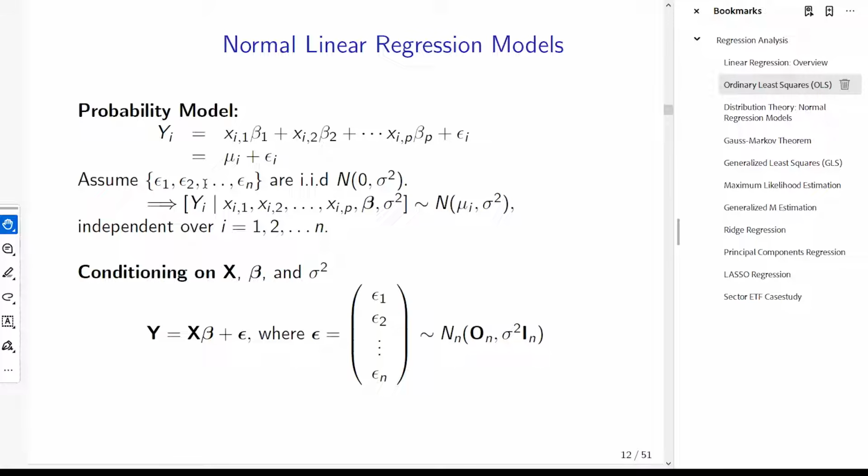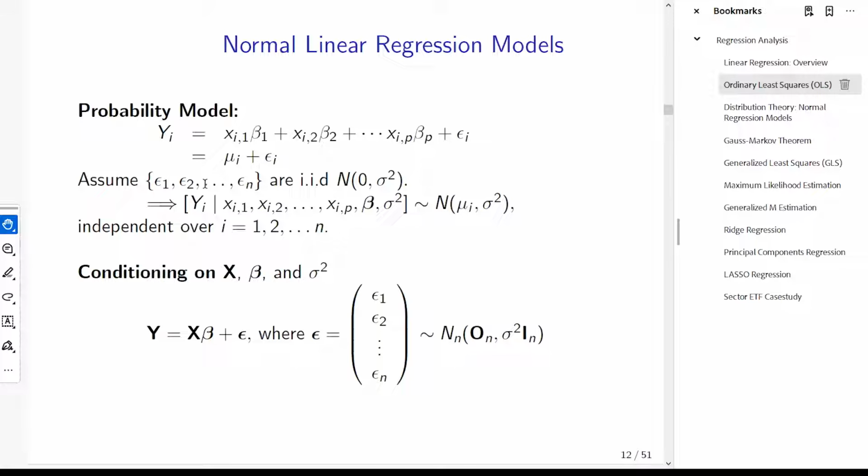What's useful to think about is, what would be the simplest possible probability model to apply to a regression? Well, we could assume that the errors are IID, which means independent and identically distributed. And we could also, for convenience, assume that they are normally distributed.